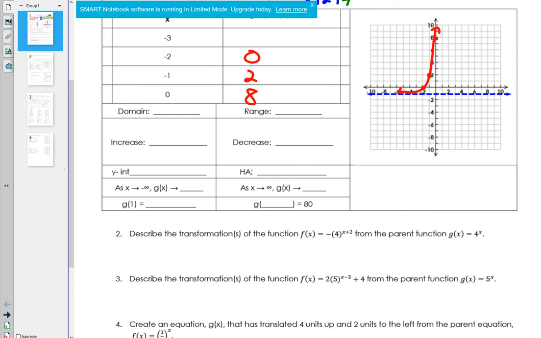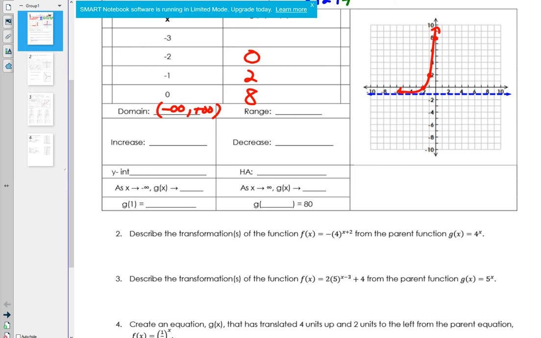All right, what's the domain of this and every other exponential function? All real numbers, we can also write that as -infinity to +infinity. Marmy, what's the range of this function? What is the range of the function?